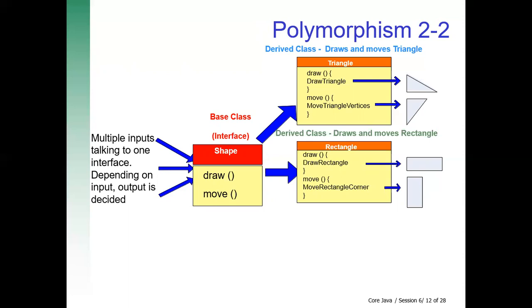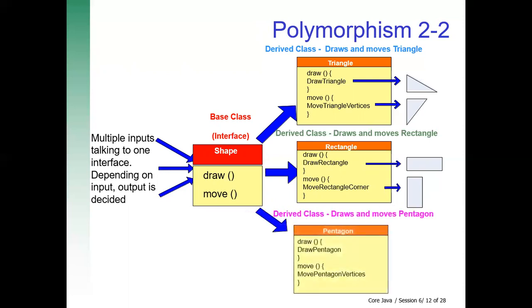So as we took the example where you are going to calculate the area, let us say you are going to have one more, a pentagon. For the pentagon also you're going to have a different shape. When you talk about the pentagon, how you're going to draw the pentagon, how you are going to move it, all that is going to be different for me. Now when I talk about polymorphism here, I'm having different methods.